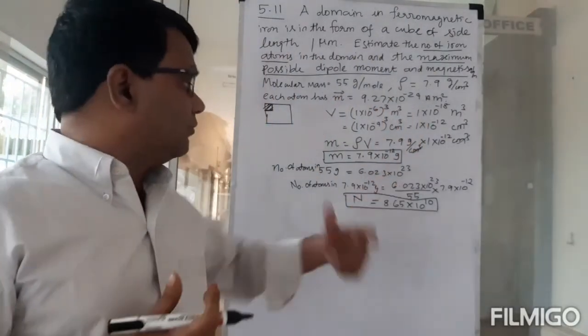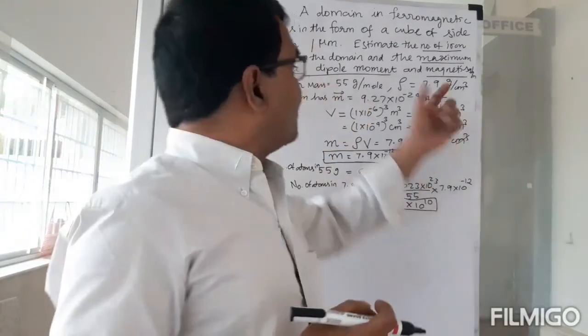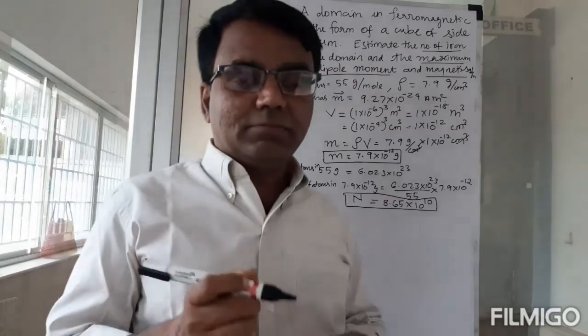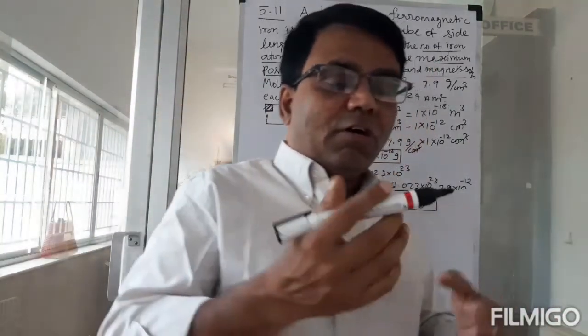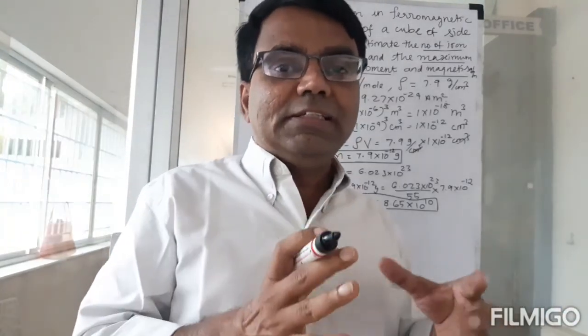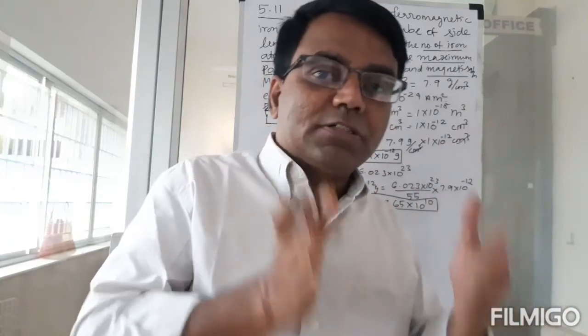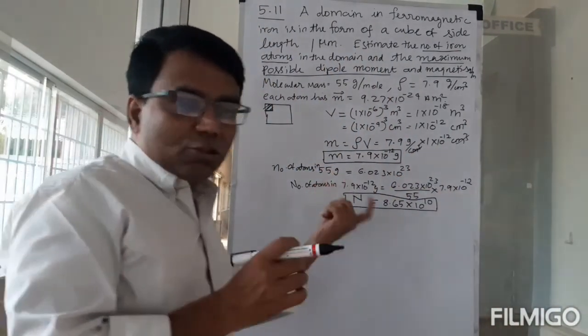So once you know the number of atoms in the domain, what would be the maximum dipole moment? If you add all the dipole moments, if all the dipole moments are aligned perfectly, then that would be the maximum dipole moment of the domain.